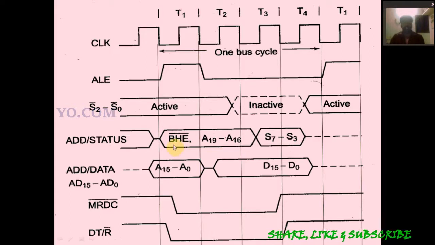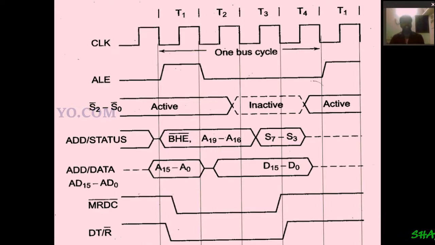Then the memory read command is also enabled at the T1 state. At T1 state, the memory read command is enabled, and DT bar R bar is also enabled. So both the control signals are enabled at the first T state.